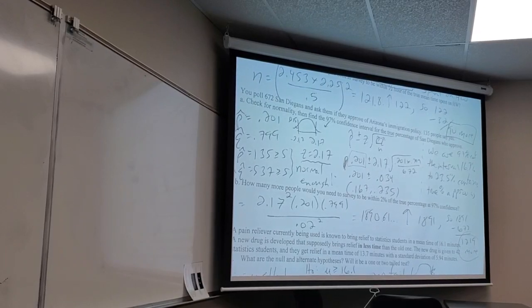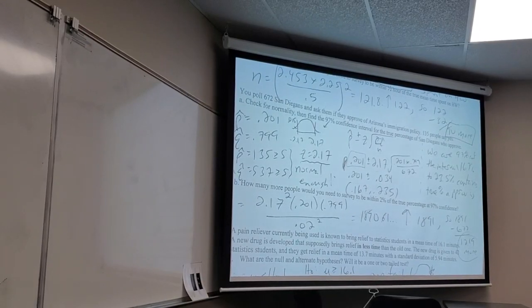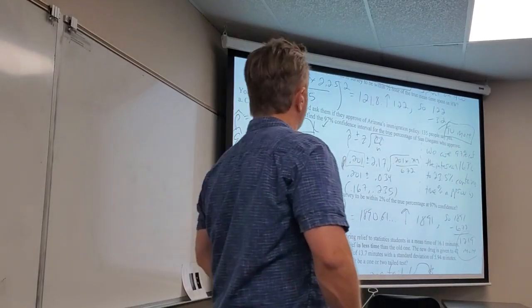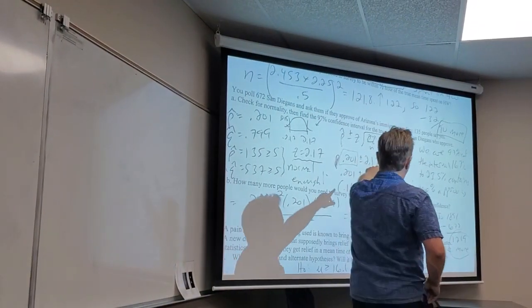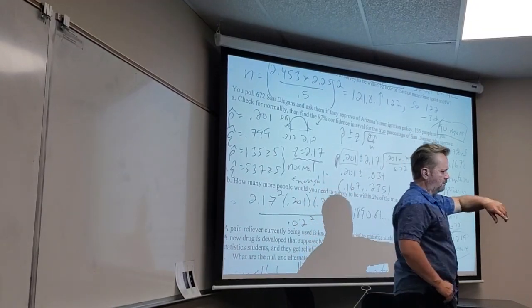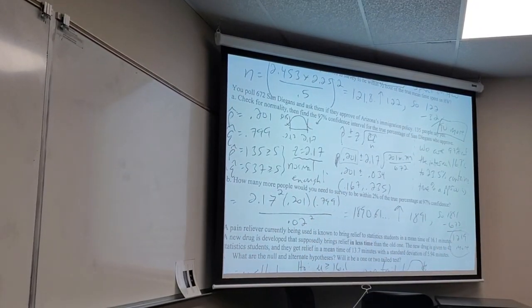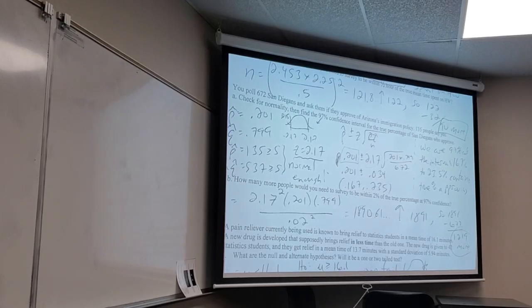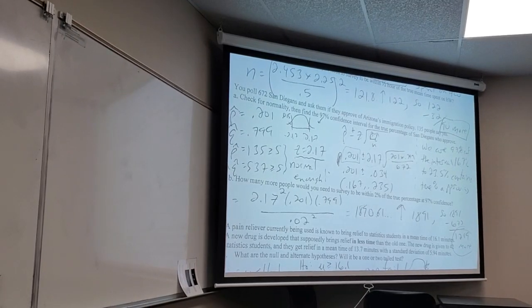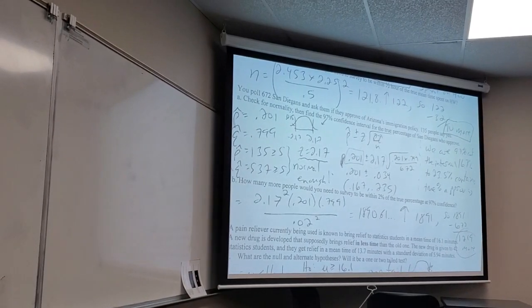Can you show how to plug in the p hat? Like the error formula? So I would first calculate the error. So put 2.17 times square root. So you don't want to close the parentheses.